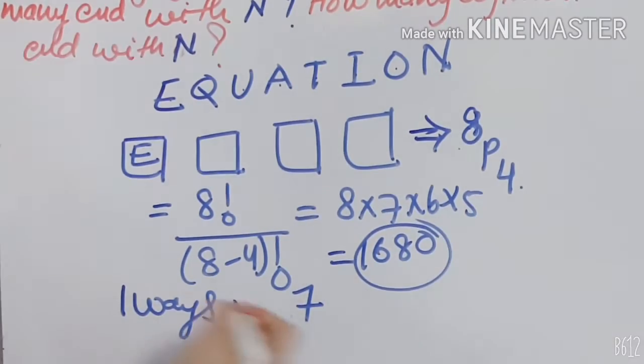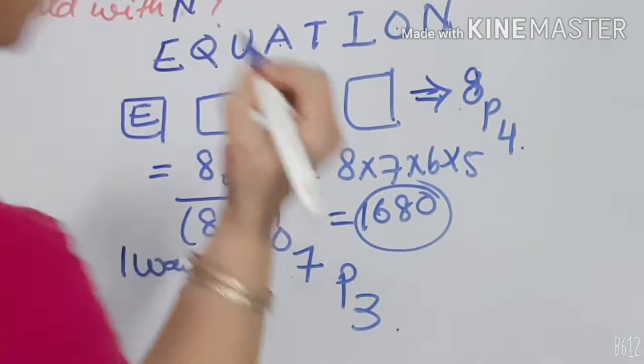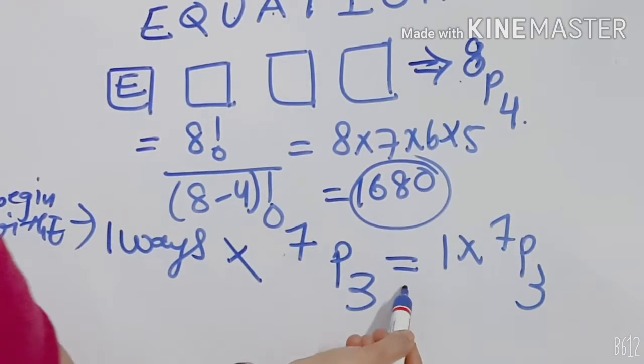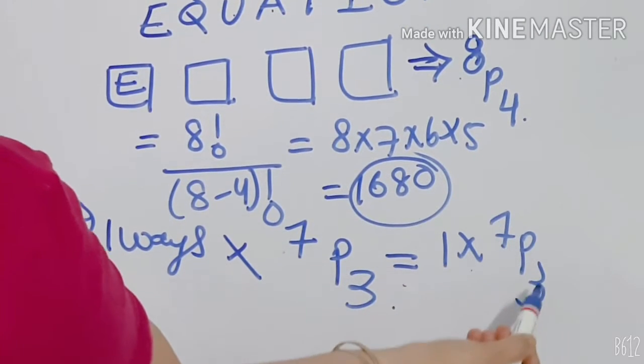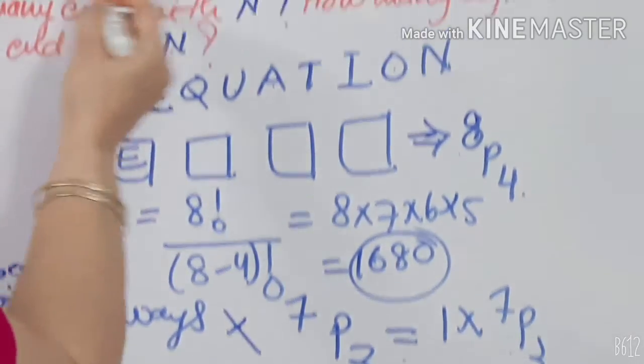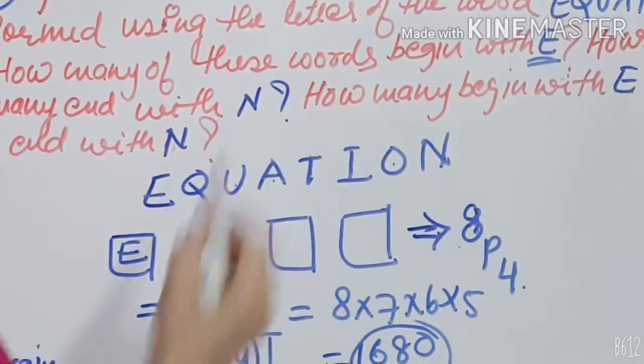I need to fill 3 blocks with 3 letters. Total remaining are 7, because we used E. So it is 7P3. It becomes 1 into 7P3. That will be the total permutations for words beginning with E.